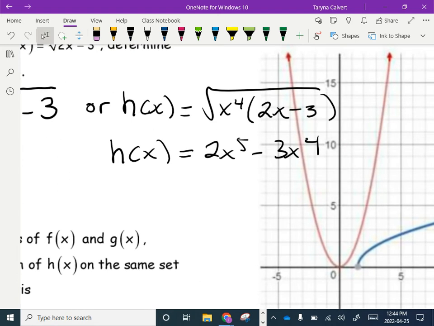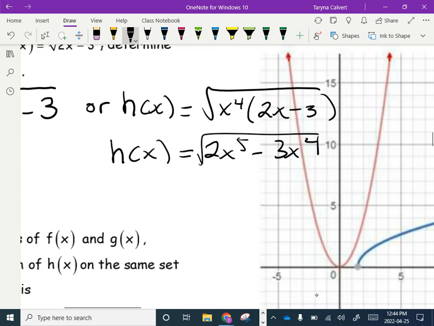Do you guys agree that an x squared on the outside becomes an x to the power of 4 on the inside? Yes. So then could I multiply that to the linear that's underneath there already? Right, so x to the power of 4 times 2x is 2x to the exponent 5 minus 3x to the, and this is still with a square root over it.